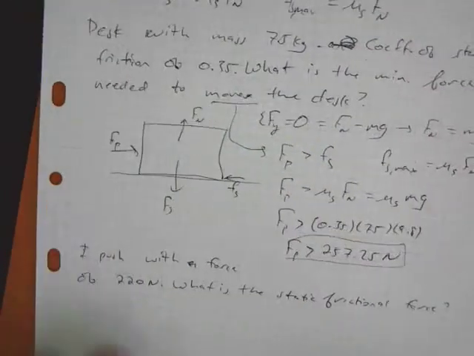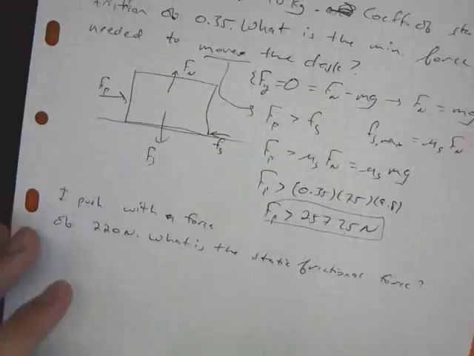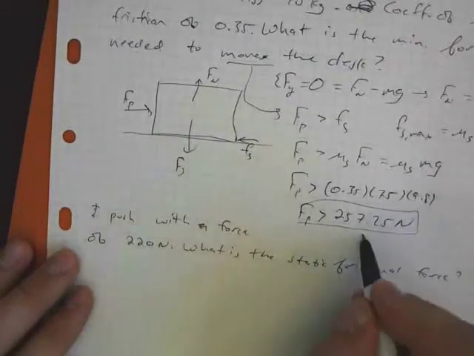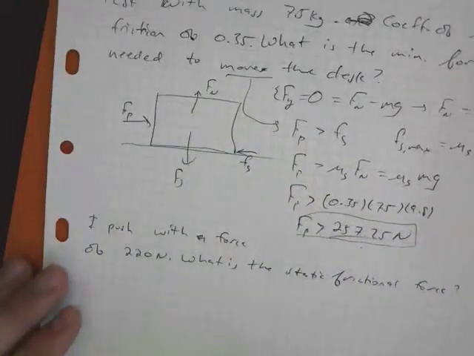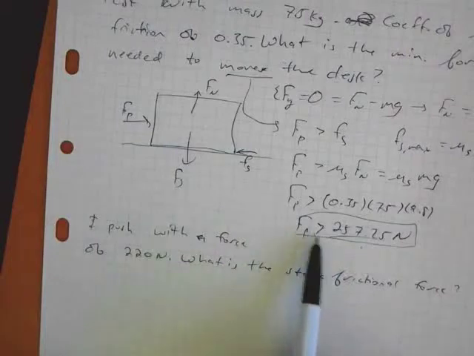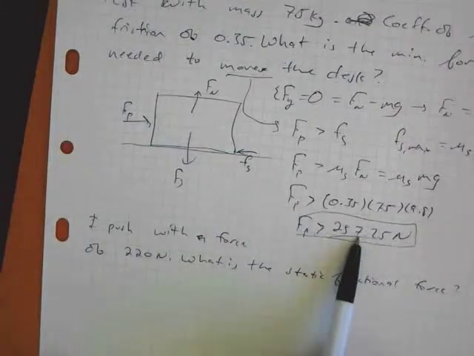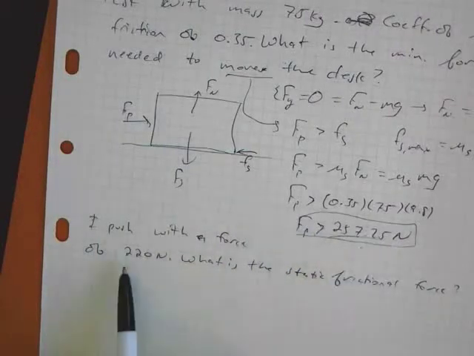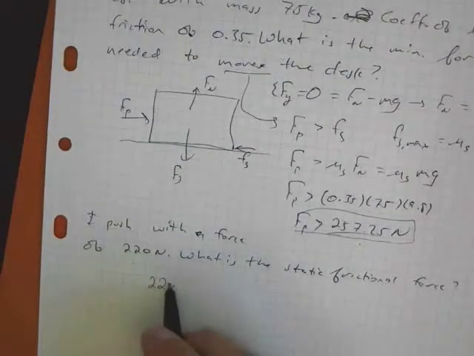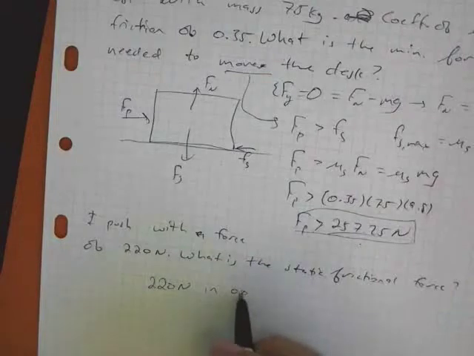Okay, you could embark on calculations, but we already know the maximum static frictional force is 257.25. Okay, and the static frictional force opposes any applied forces up to 257.25 newtons. Therefore, the static frictional force is going to be 220 newtons in the opposite direction.